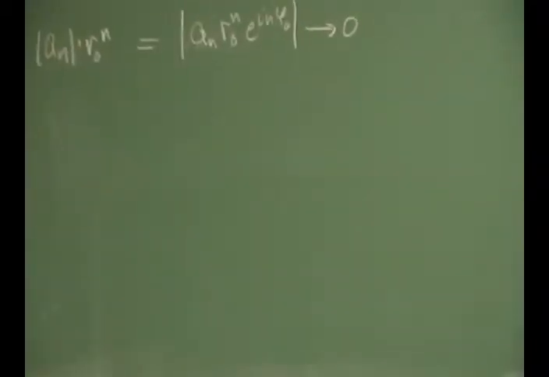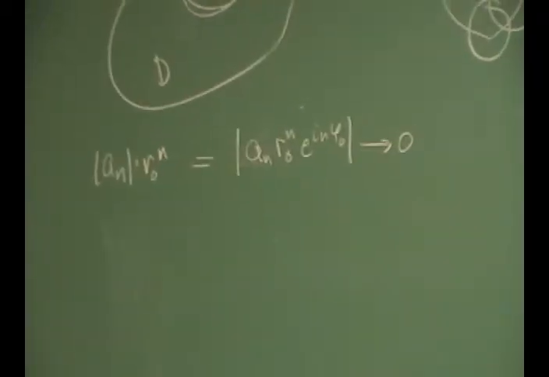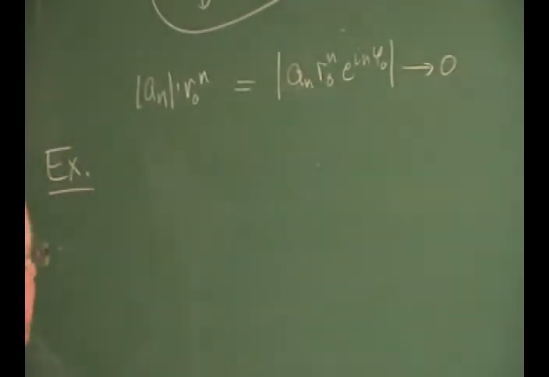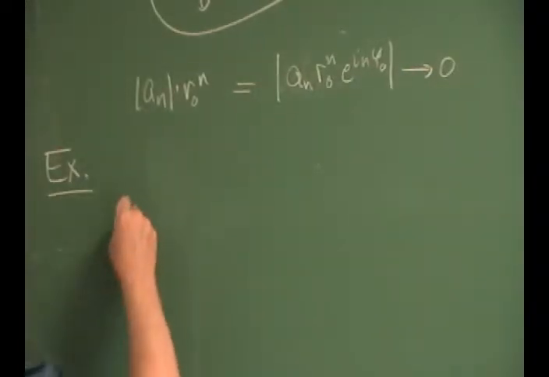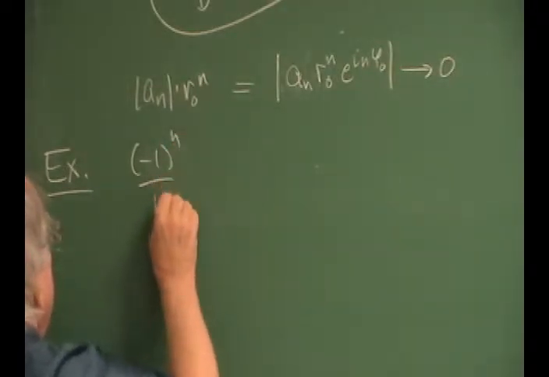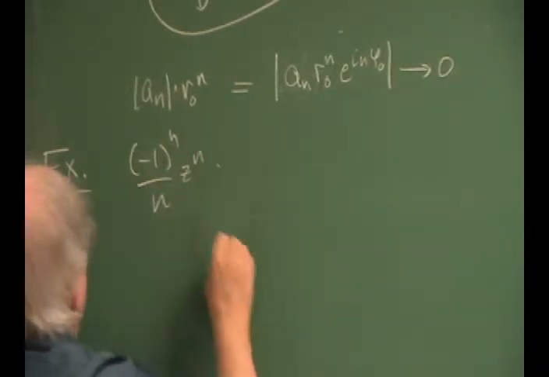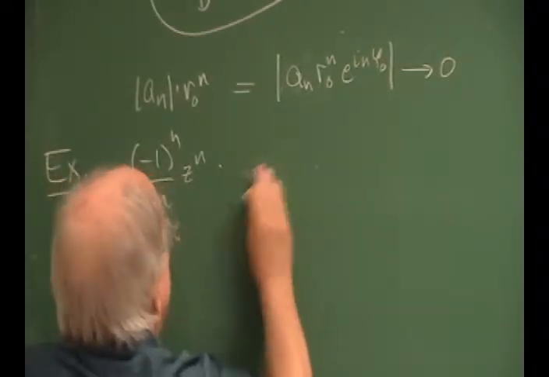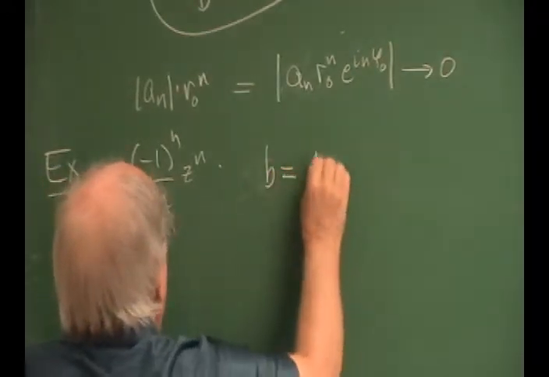Now, we don't know about A_n, so you always keep an example in your mind that we don't know too much about the absolute value of A_n. The sequence (-1) to the n over n, z to the n, with z_0 and b equal to 1.